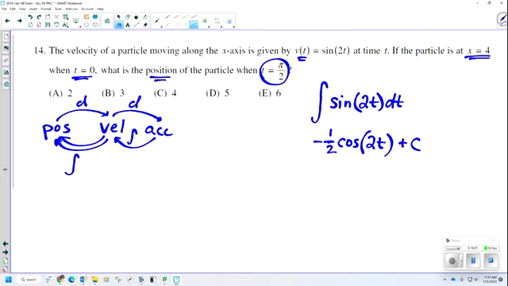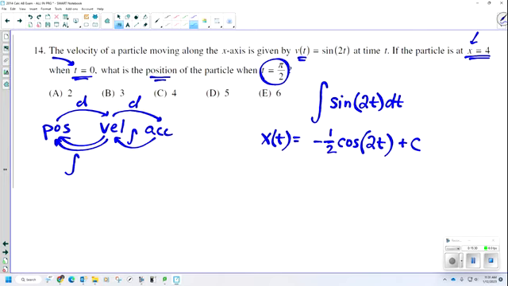If you want to use u-sub, you can. That's a simple one, but it's negative 1/2 cosine of 2t plus c. This equals position. It's x of t. Why am I using x instead of a p? Because x is 4 when t is 0. So I'm using x of t.